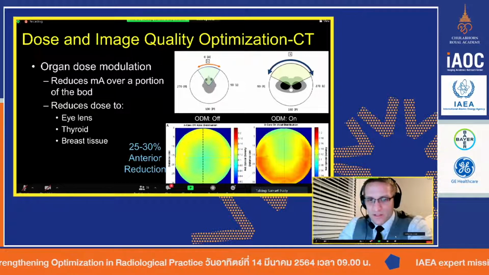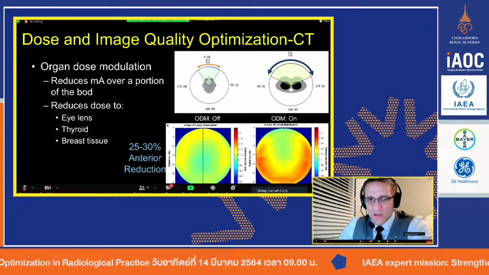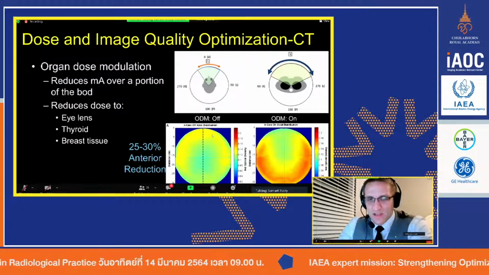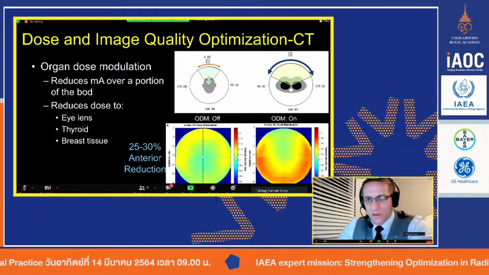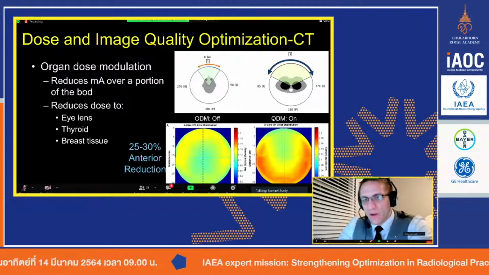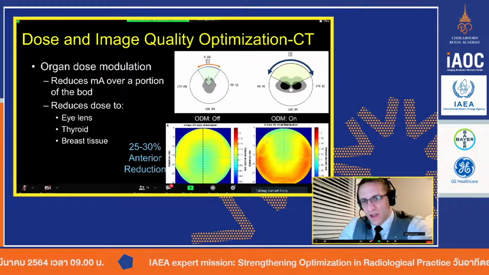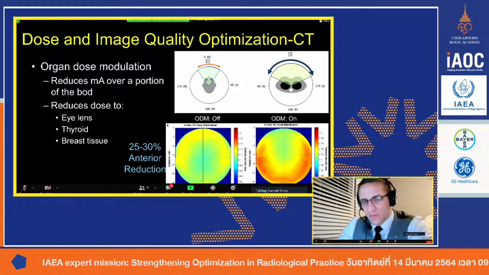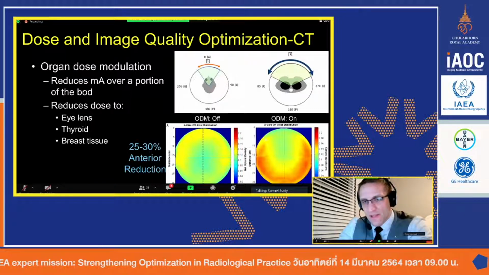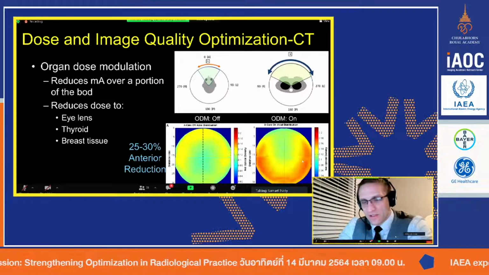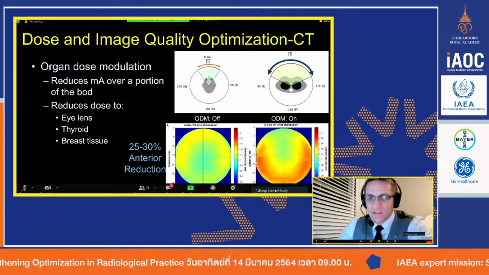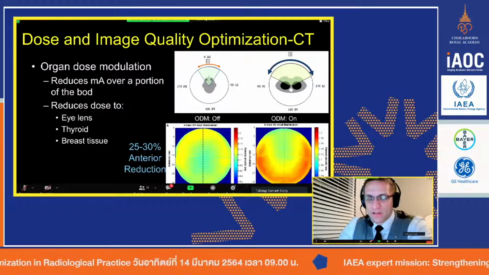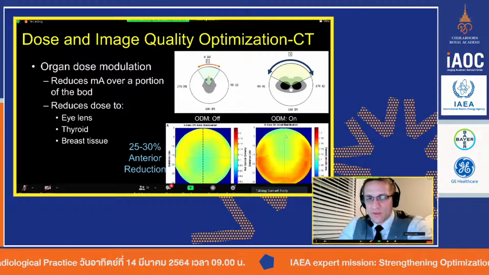But for all intents and purposes, the yellow is pretty much the same around the edge, and it's just a little lower in the middle. Now, when I turn organ dose modulation on, I've actually reduced the overall radiation dose to this anterior sweep by about 25 to 30%. And then the radiation dose is going to be obviously higher around it compared to the center or to the anterior sweep.